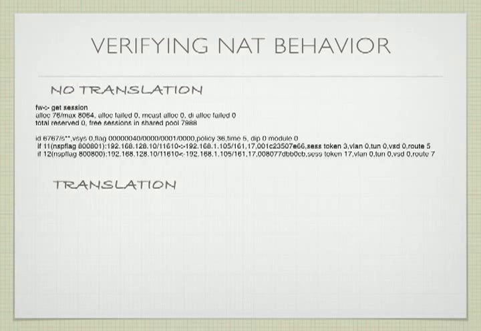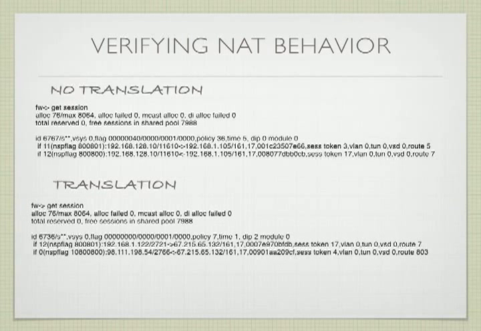They remain the same on both of those lines, whereas in a translated one you can see that in the second line of the session, we've translated the internal address to the interface address on the outbound traffic. The destination address remains the same, but the source address has been NATed to the 98.111.198.54 address.